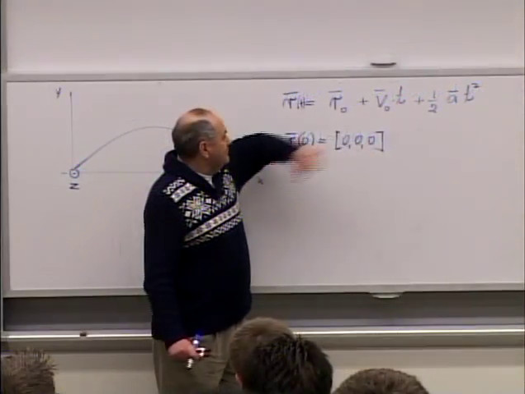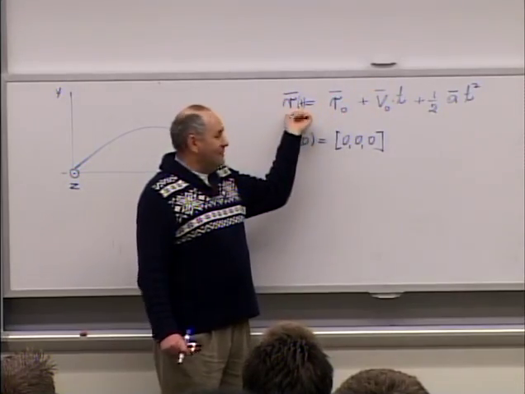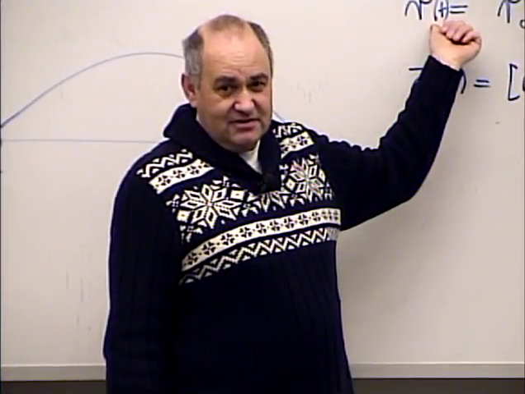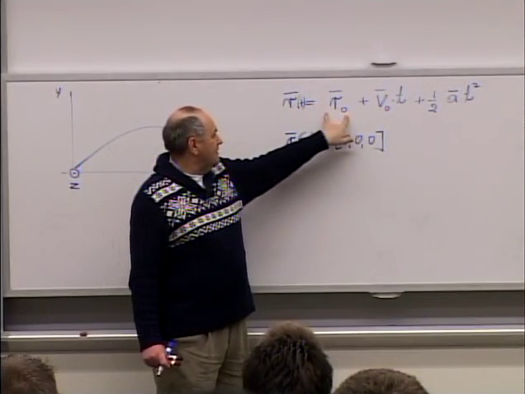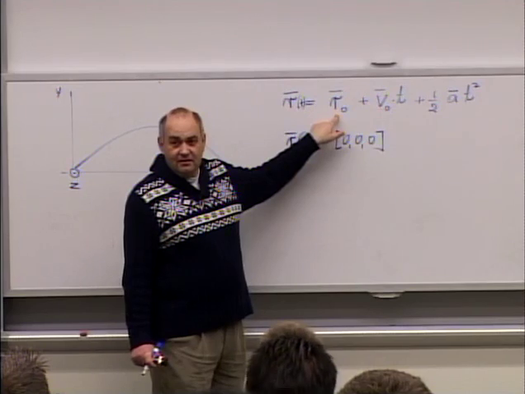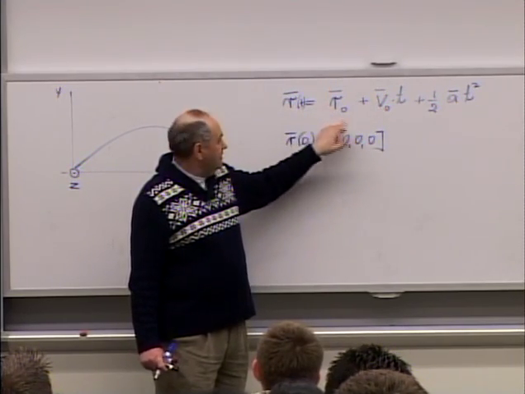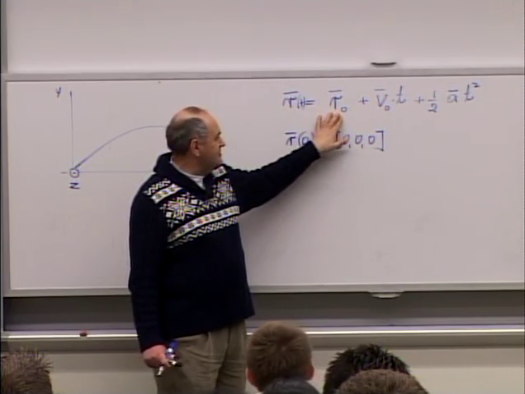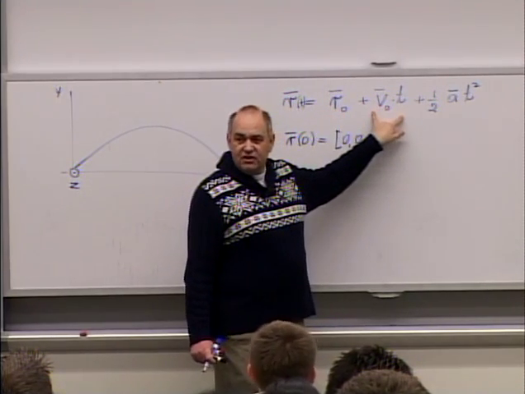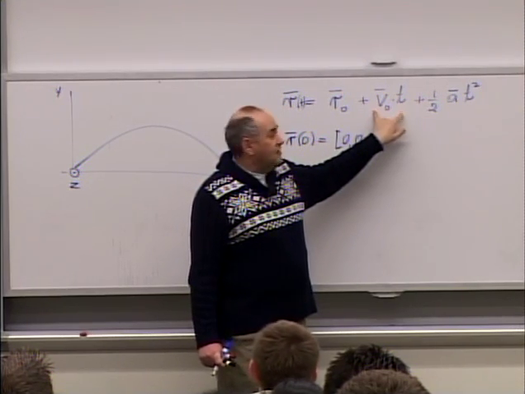Just formally, let's simplify this expression. What am I going to get if I plug in 0 here? So, plug in 0 to this term, for t. What will happen with this term? Nothing. It will stay like it is. It's R0. What will happen with this term? T is 0.